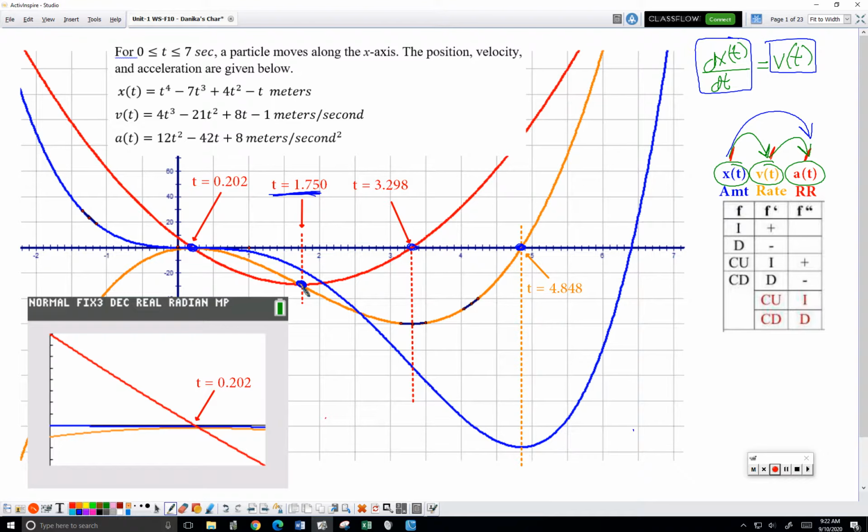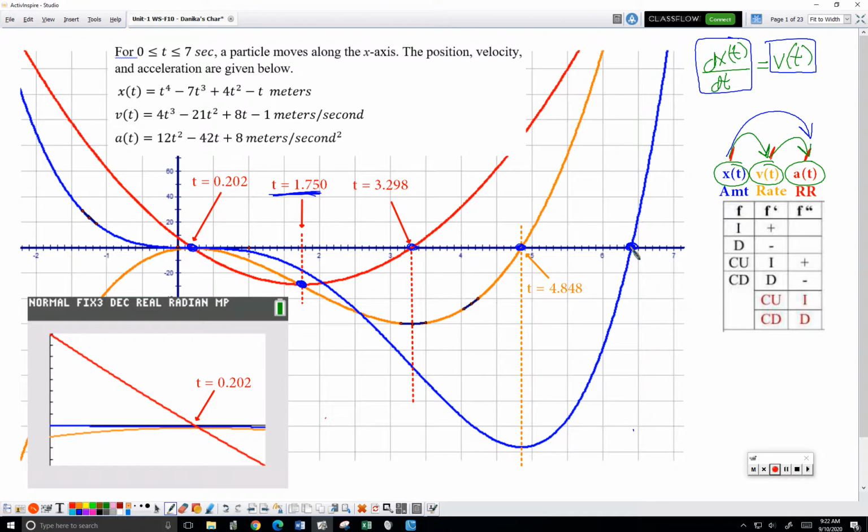How come you're not interested in the far right root, way over here, on the blue line? Only because the questions in this packet didn't concern that. Yeah, there's 3 points for Nick.